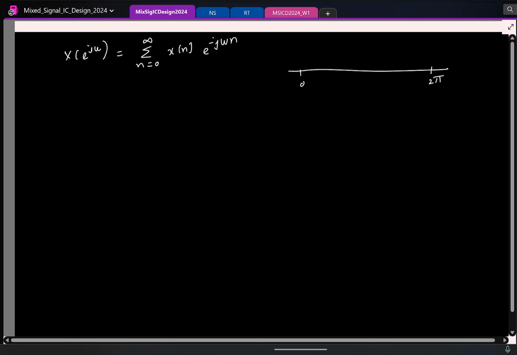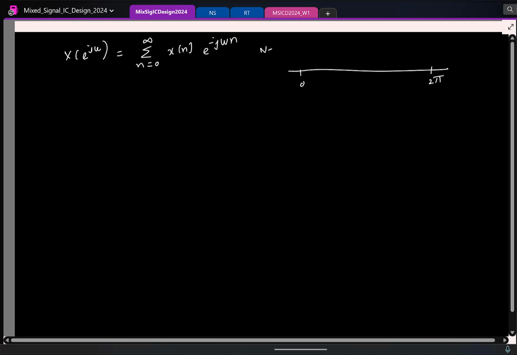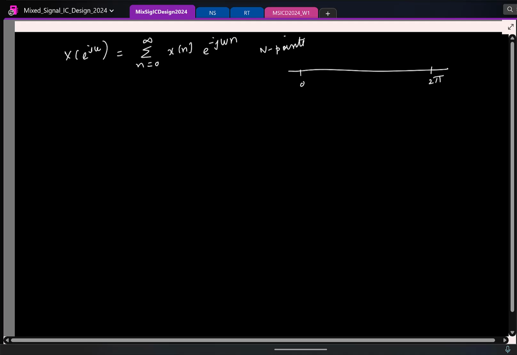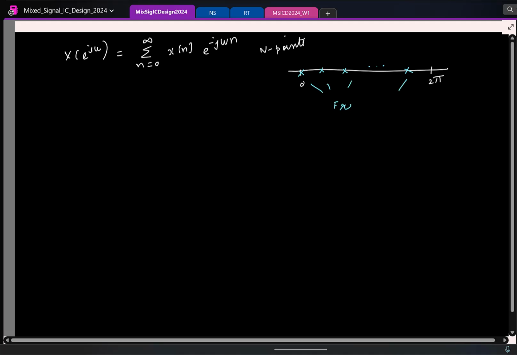So the first problem, the fix was simple. You compute the spectrum at only discrete frequency points. So if you decide to take n points, this interval of 0 to 2 pi is divided into n points. So you compute discrete frequencies like this, and these are called frequency bins.